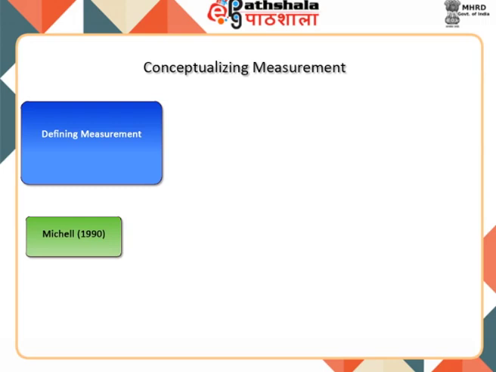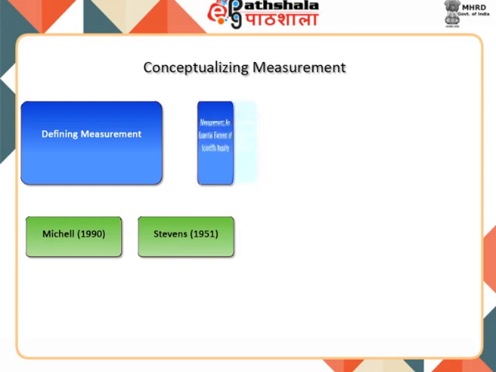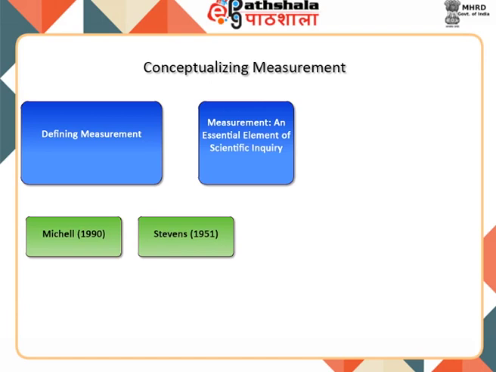This definition is quite distinct from the definition of measurement proposed by S.S. Stevens. Measurement is an essential element of scientific inquiry, as the standardized measures lead to the development of scientific knowledge which is objective, exact, and verifiable.